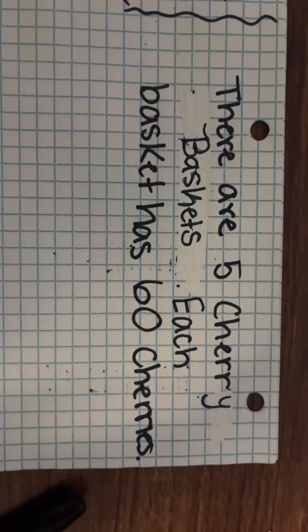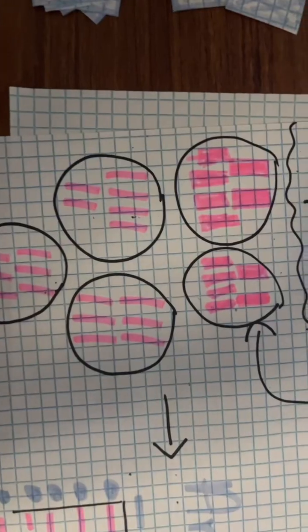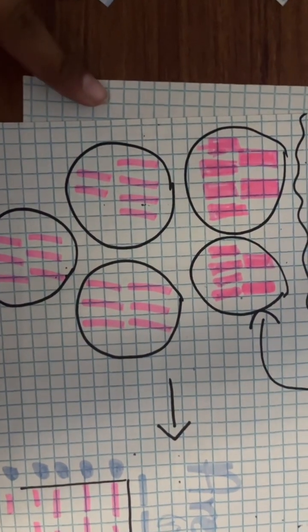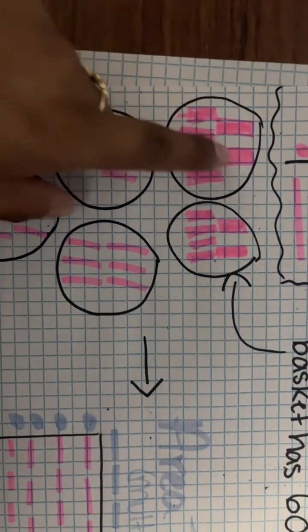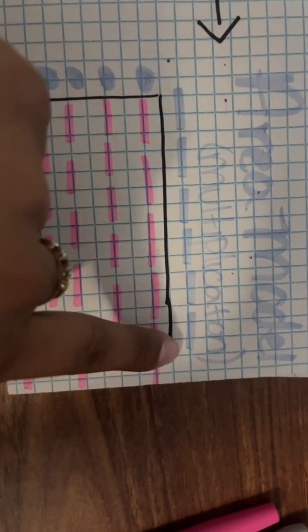You can also use this. For example, if there are 5 cherry baskets and each basket has 60 cherries, students will naturally want to use their unit blocks and group it up, like each little block containing 10 units. This information can be transferred into an area model. Here, we still have 1, 2, 3, 4, 5 groups and 1, 2, 3, 4, 5, 6 blocks containing 10 units.